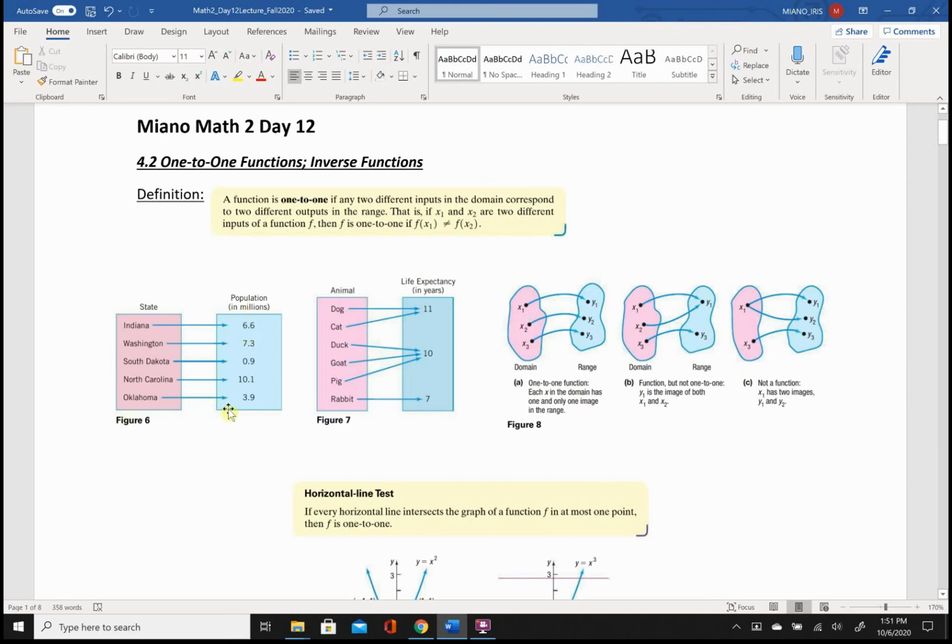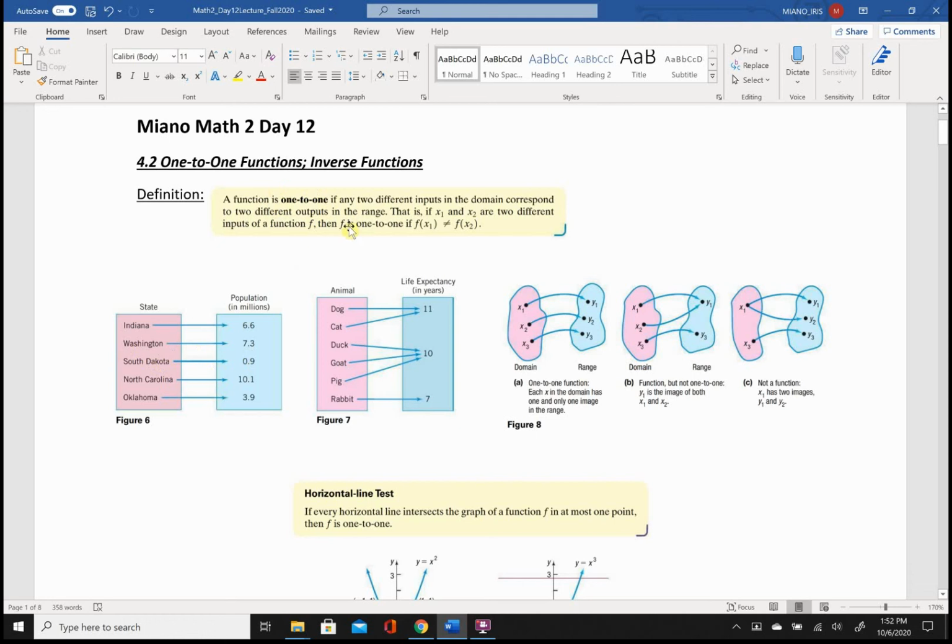It's easy to see that the function is one-to-one because for every one input there's one output. They connect straight away. There's not even any crossings between inputs and outputs. It's just one input straight to one output, done deal.